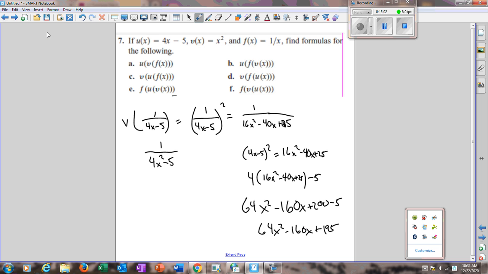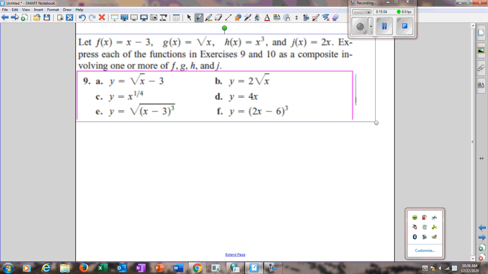Number 13. It says express each of the functions in exercises 9 and 10 as a composite involving one or more of f, g, h, and j. So the first thing I do is look at number 9a, it's the square root of x minus 3.